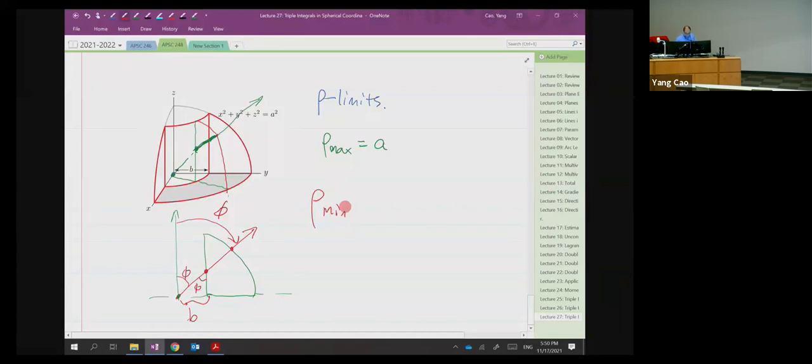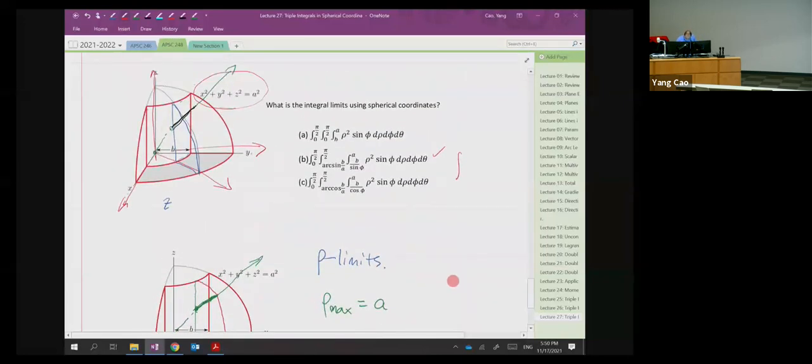How does rho min connect to the constant value B from this triangle here? Cosine phi equals B over rho, excellent. So rho min equals B over cosine phi. That makes sense?